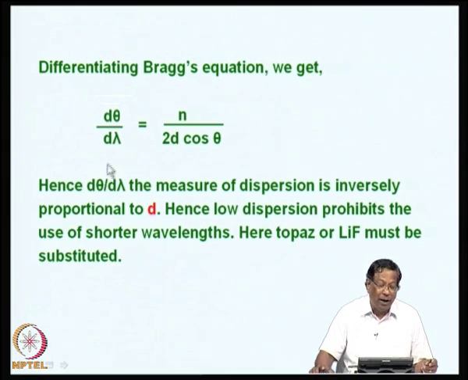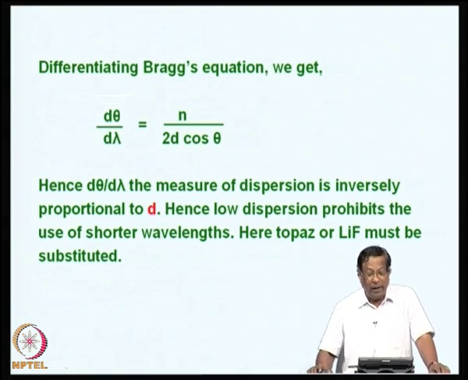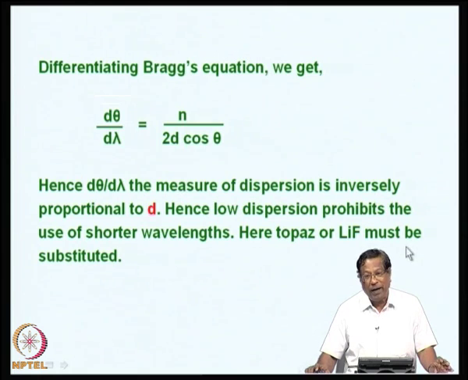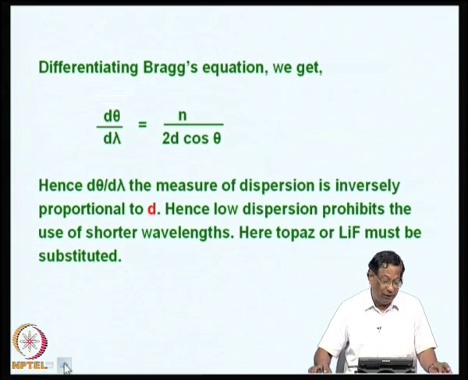Therefore, the dispersion is inversely proportional to d. On the one hand, when d is large we get better collection, but because the dispersion is inversely proportional, you get other problems. So, low dispersion prohibits the use of shorter wavelengths. Hence, topaz or lithium fluoride must be substituted in most of the X-ray fluorescence work.